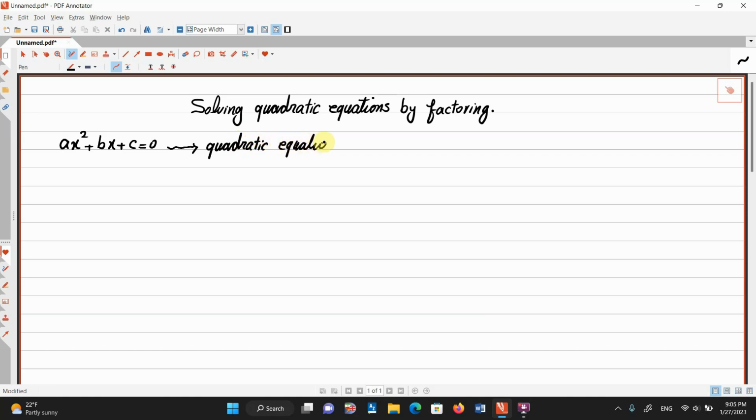To solve this type of equations by factoring, first of all, I'm going to divide these equations into two groups. The first group can be incomplete quadratic equations.